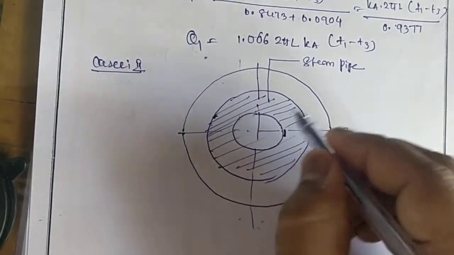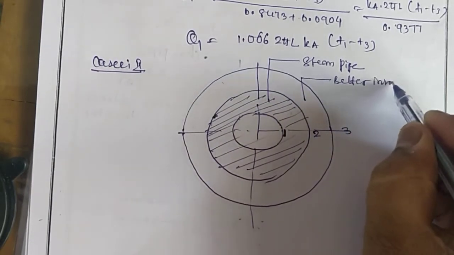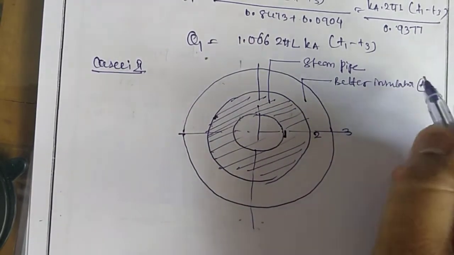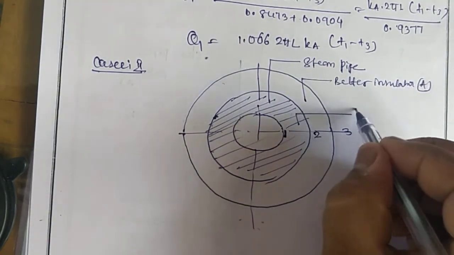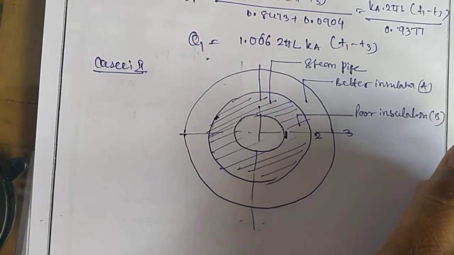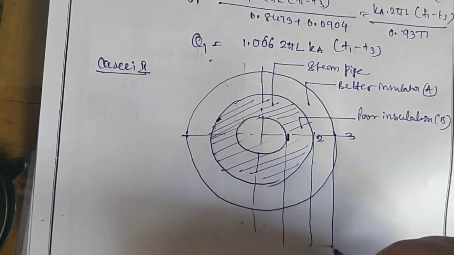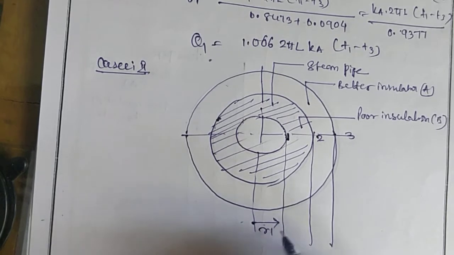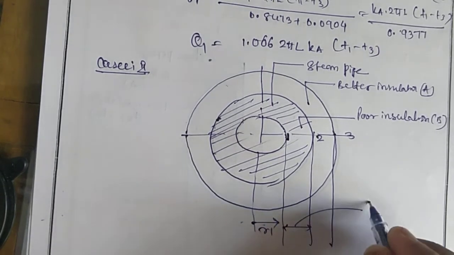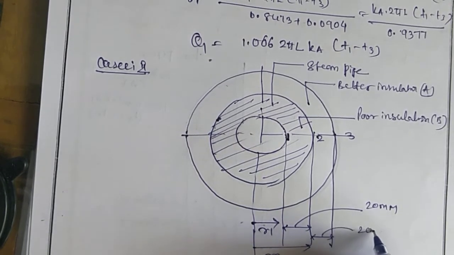This is the better insulation A, and this is the poor insulation B, and these are the radii R1, R2, R3, with 20 mm between R1 and R2, and this is 20 mm as well.